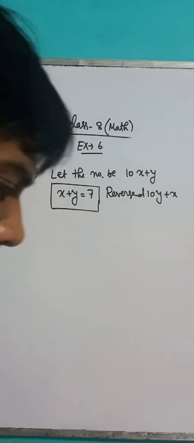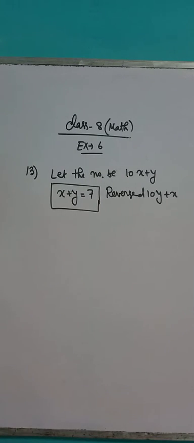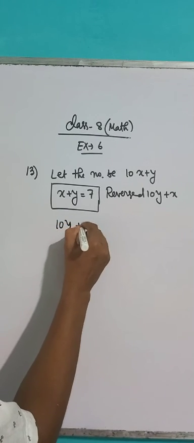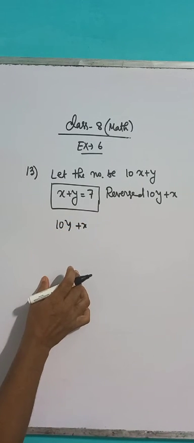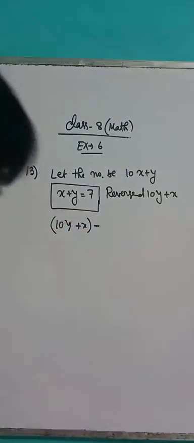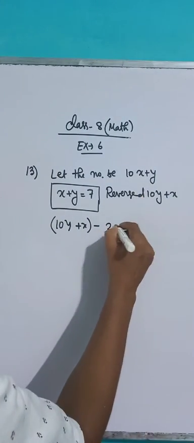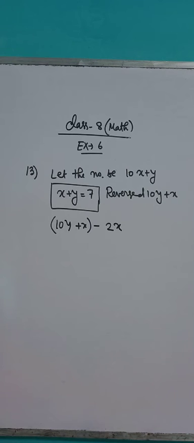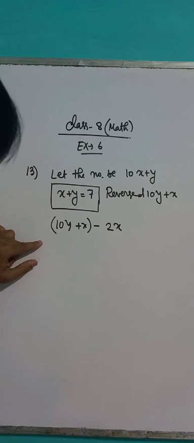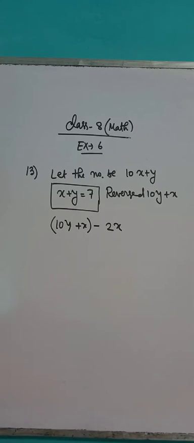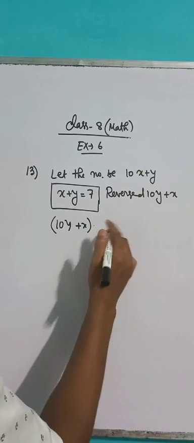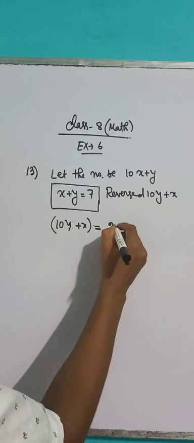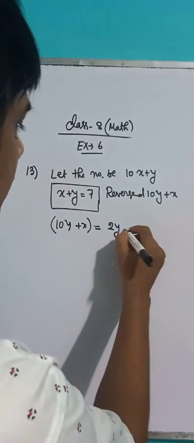And next, after reversing, you get 10y plus x minus 2y, where 2y is the unit digit, is equal to 28 greater.